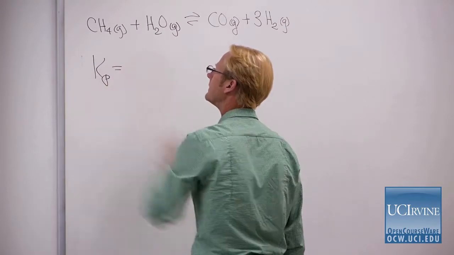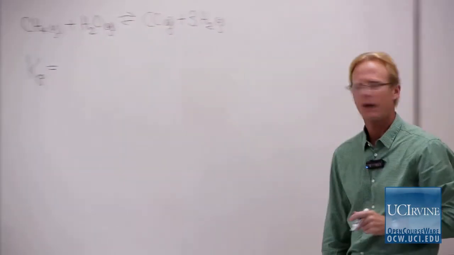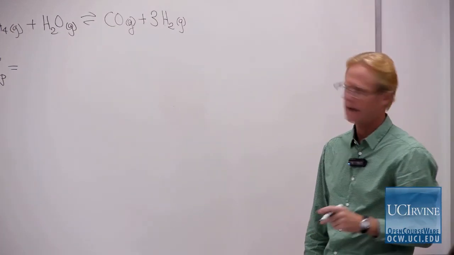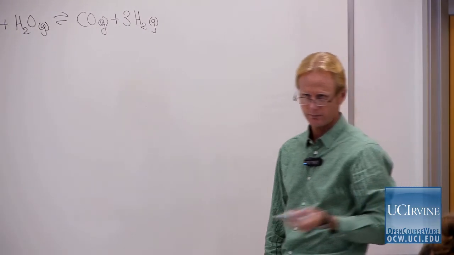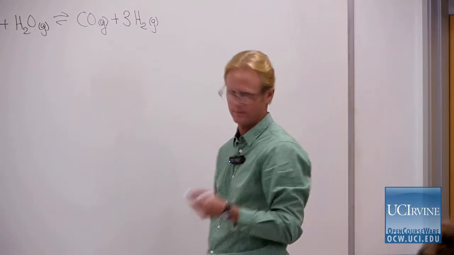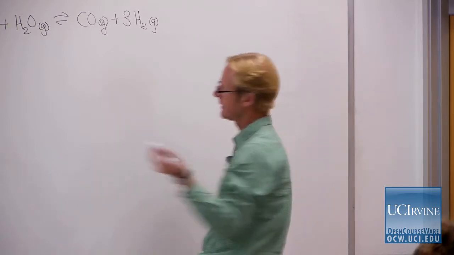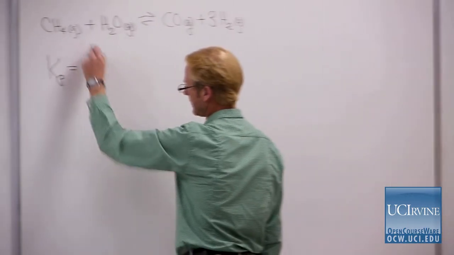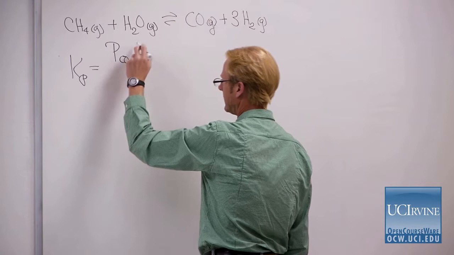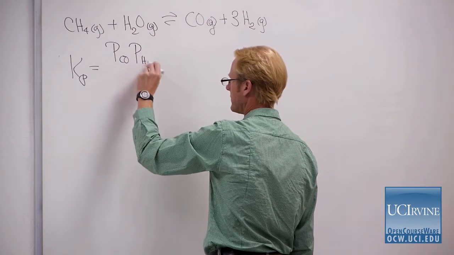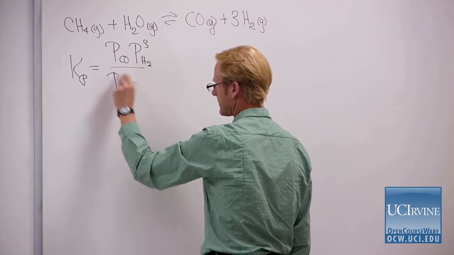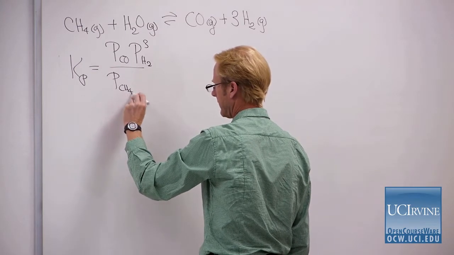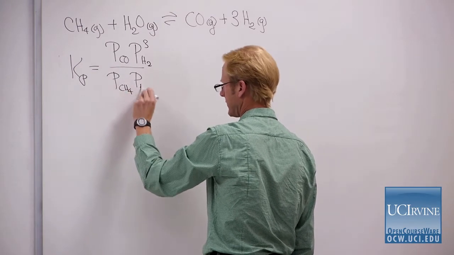equilibrium constant, which would be, how do I write the equilibrium constant Kp for this reaction? The law of mass action. The pressure of carbon monoxide times the pressure of hydrogen cubed divided by the pressure of methane times the pressure of steam.